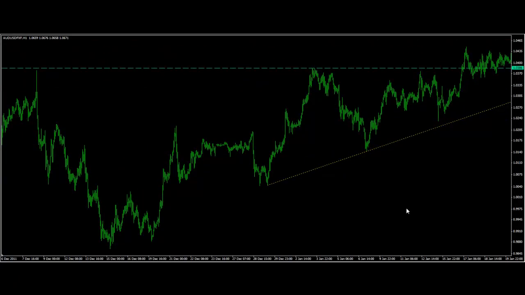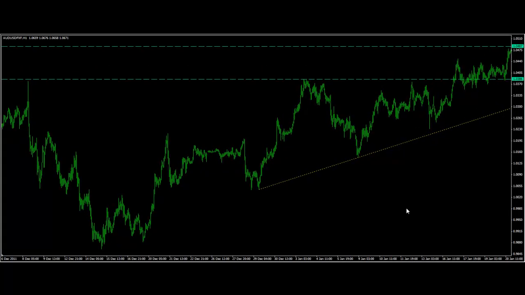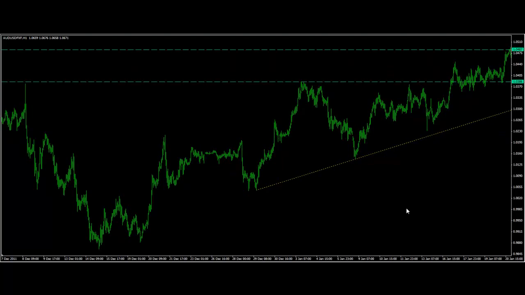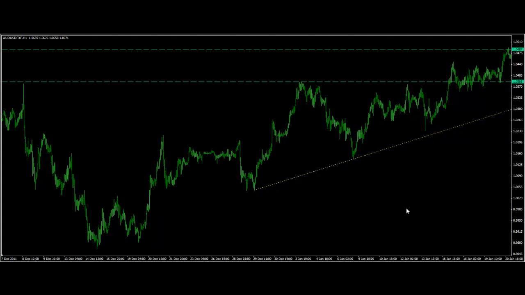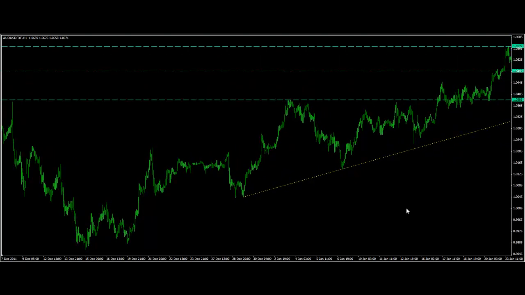Now let's walk forward. We have our levels where we reasonably expect to take some profits, scaling out of our intermediate term trade, going long in the Australian dollar. You can see price met that first objective right there. And the second one, it met it.